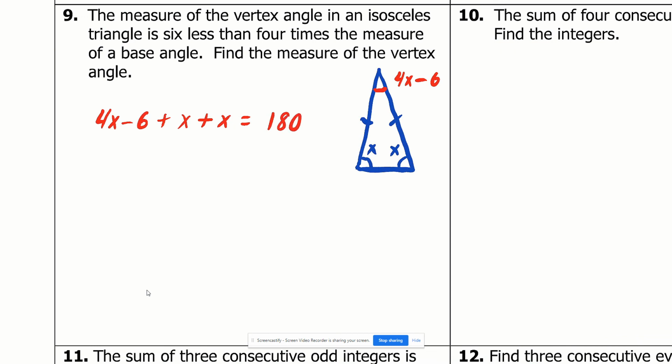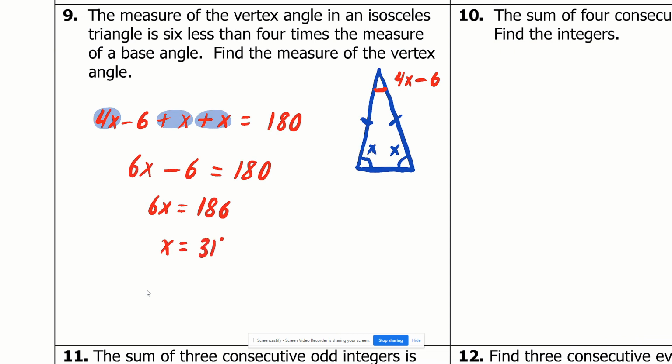And that's how I solve this problem. So let's do it. Let's combine our like terms here. What is 4x plus 1x plus 1x? So we got 6x minus 6 equals 180. Then we're going to add 6. That's 186. Lastly, we're going to divide by 6. What's 186 divided by 6?